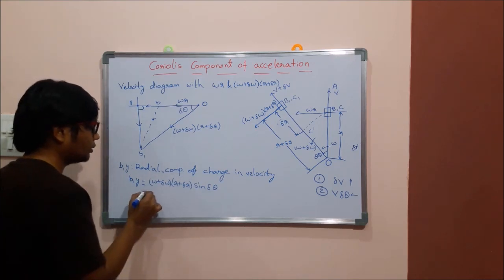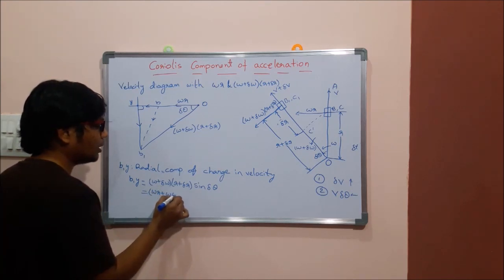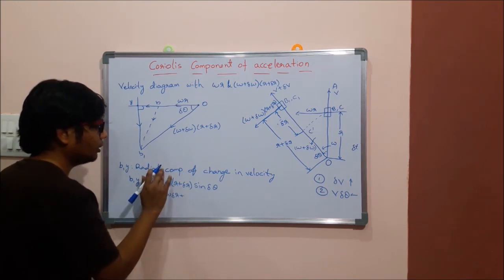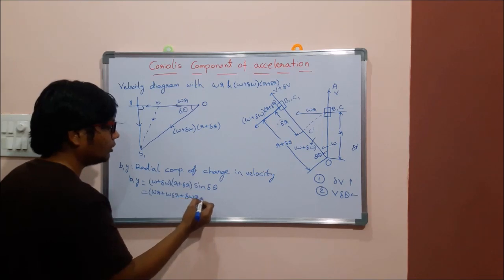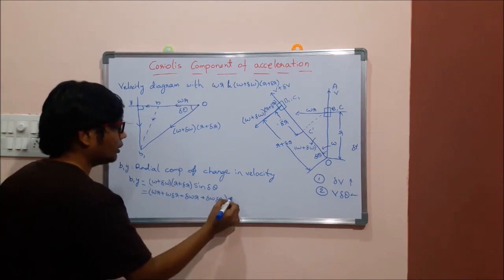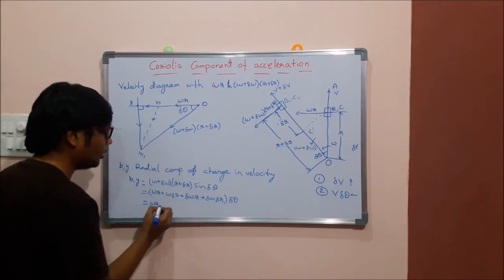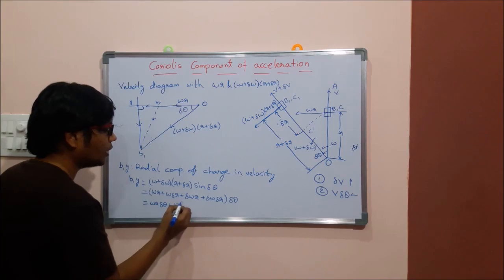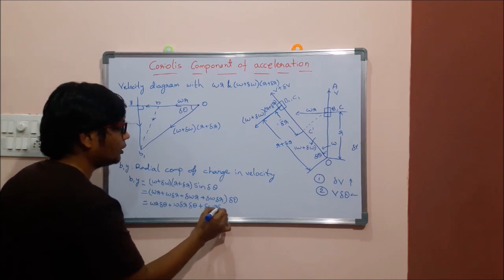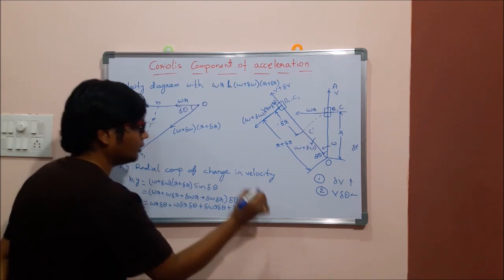First expand this equation: omega r plus omega delta r, since this one is multiplied with these two, plus delta omega into r plus delta omega into delta r, entirely into delta theta. Taking the delta theta inside, that will be omega r delta theta plus omega delta r delta theta plus delta omega r delta theta plus delta omega delta r delta theta.